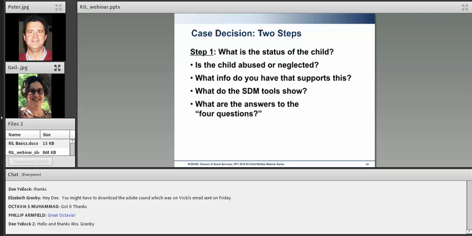Right? What info do you have that supports this? Right? What do the SDM tools show? What do that risk assessment and family strengths and needs show? What are the thorough answers to the 4 questions at the end of the 50-10? Okay? The reason is that that's the first part you've got to make. That's the first decision you have to make. With the information in front of you, do you have enough that says, yes, this child was abused?